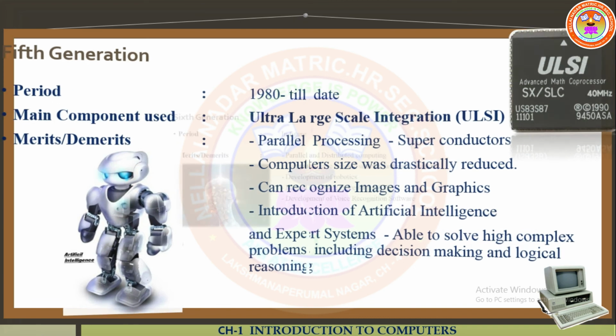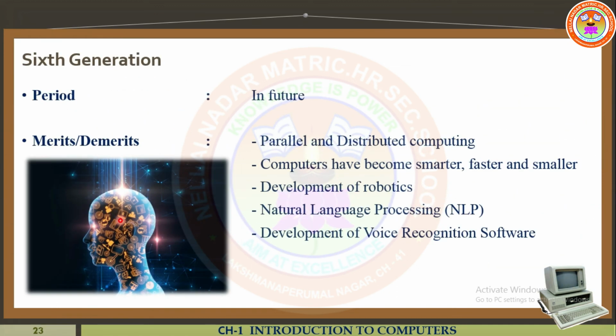Okay, all right. The next and last generation is the sixth generation. This generation period is in the future, not now. Still it is being researched. In future we can apply sixth generation computers.